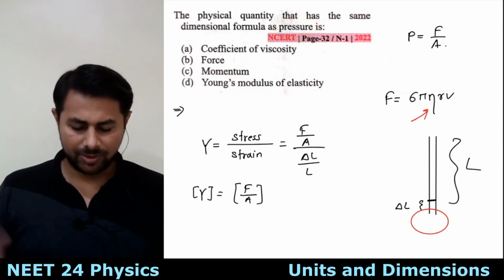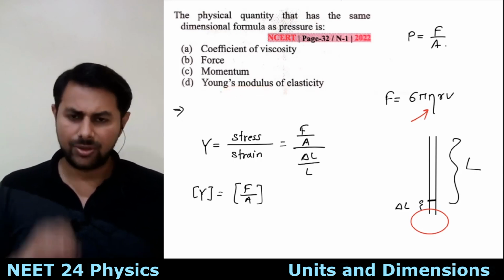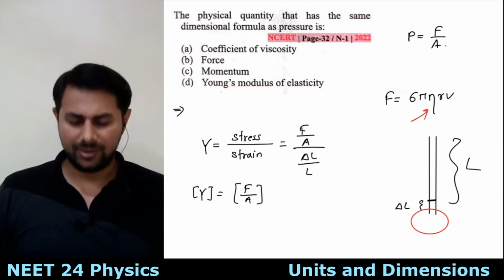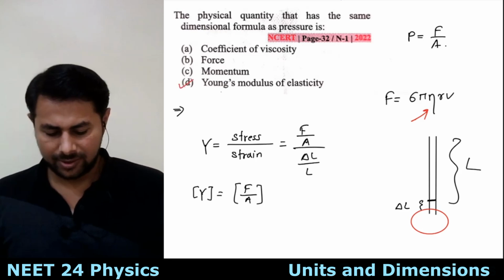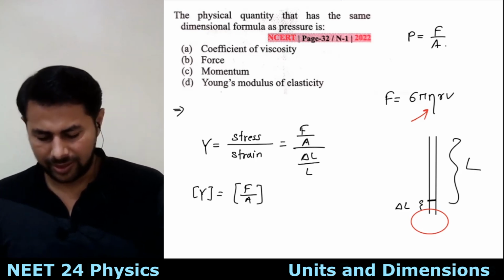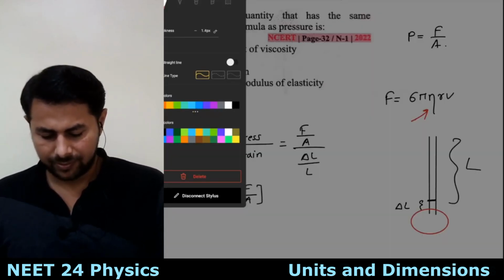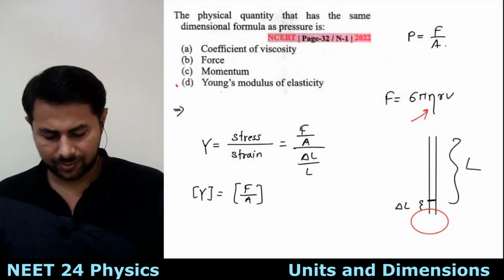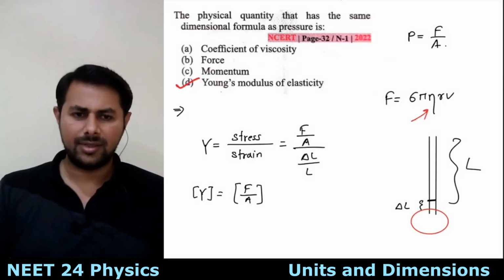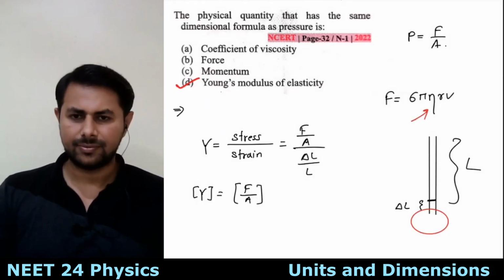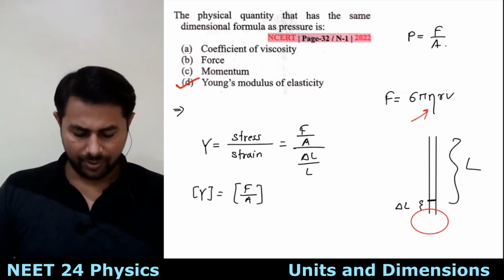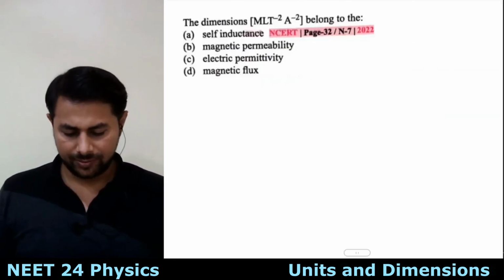And if you have sufficient practice, then you will immediately click this one, right? So this one is very, very simple. Is this thing clear, everyone? Okay, good. Let's see another question.